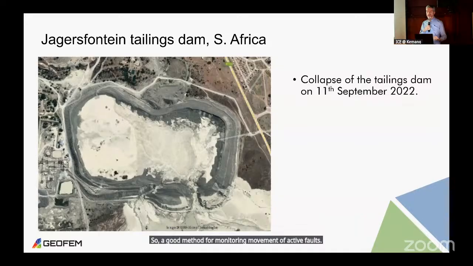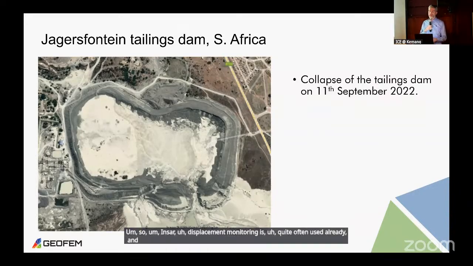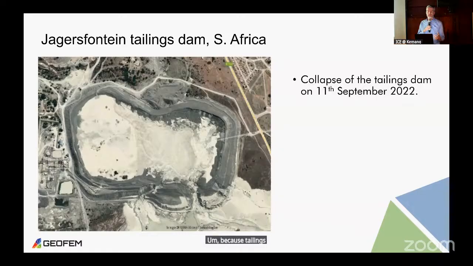Now here we have a tailings dam example. InSAR displacement monitoring is quite often used already and has been for a number of years for monitoring tailings dams, because tailings dams can be susceptible to collapse.